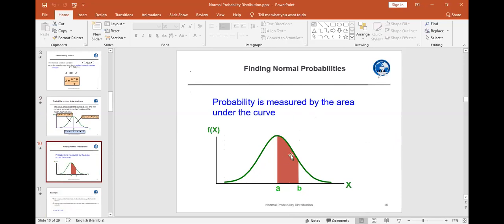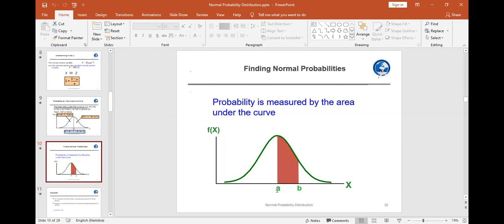So we will do one example, and we will know how to get sections. If you're given points A and B, what is this area in terms of probability, or in terms of percentage, from point A to point B?